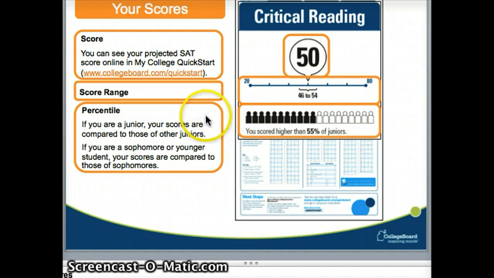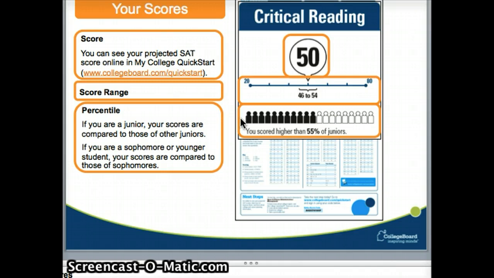The percentile helps you compare your student's score to the performance of all other juniors or sophomores who tested. For example, your student scored in the 55th percentile, meaning that he or she scored higher than 55% of students who took the test. It also means that 45% of students had a score equal to or higher than your student.